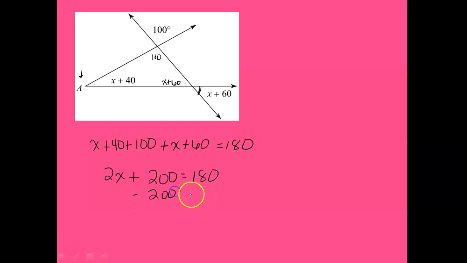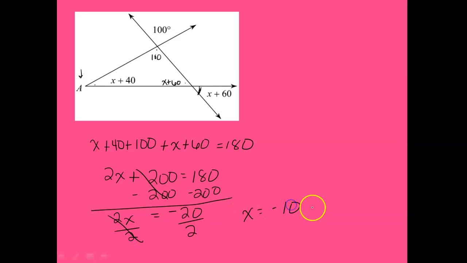Subtract 200 from both sides. Cancels. Negative 20. Divide both sides by 2. X equals negative 10. All right, so if x equals negative 10, and I need to solve for angle A, which is here, I just plug in negative 10 for x.